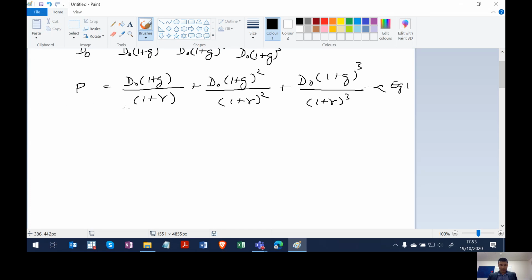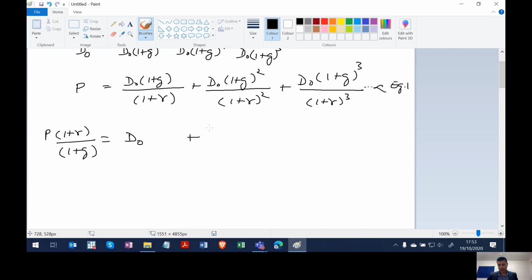Now let us multiply both sides by the inverse of these two terms. In other words, I will multiply both sides by 1 plus R divided by 1 plus G. So in that case, this looks like: P times 1 plus R divided by 1 plus G equals, if I multiply this whole term by 1 plus R by 1 plus G, they cancel out, so what remains is D0.